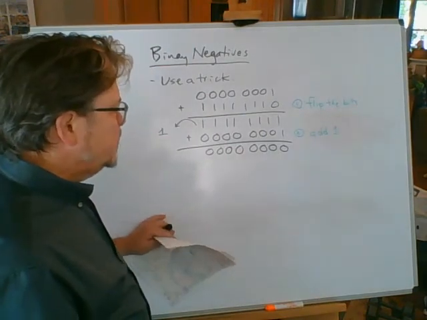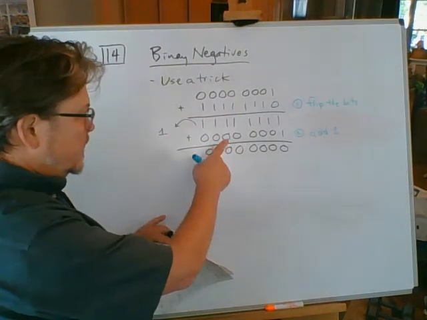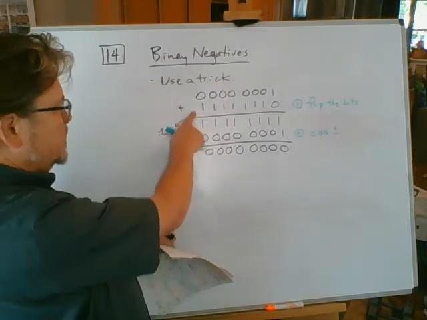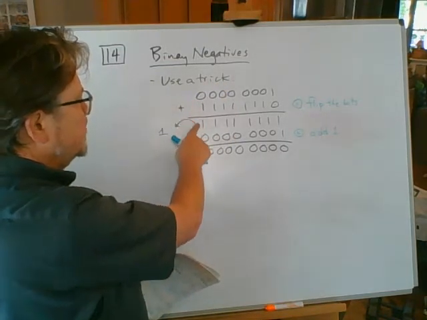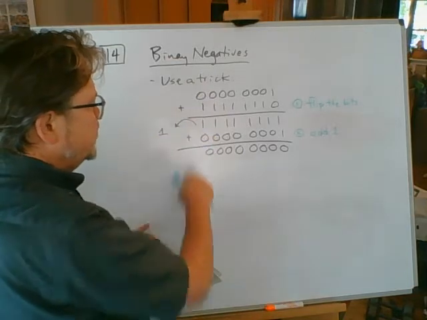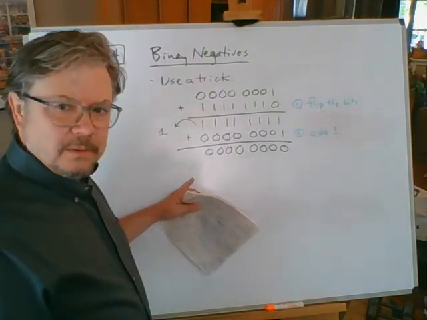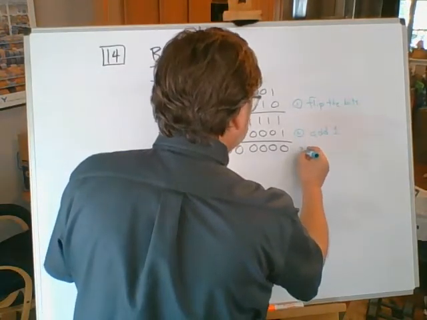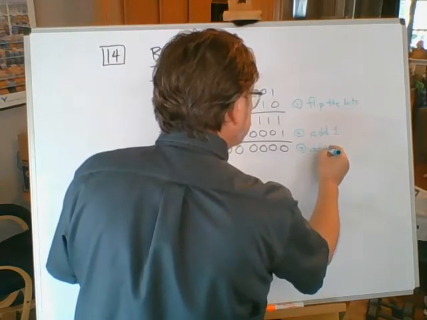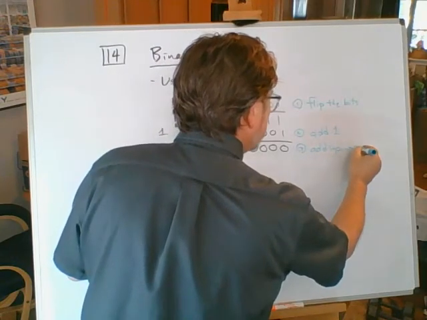If I flip the bits and add 1, then the sum of all of these things, I actually did 2 additions. One was this plus the flip bits, and then I took those 2 together and added 1 more. That brings me around to 0. So, stage 3, add up, get 0.